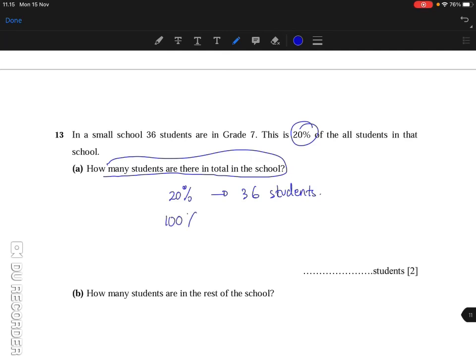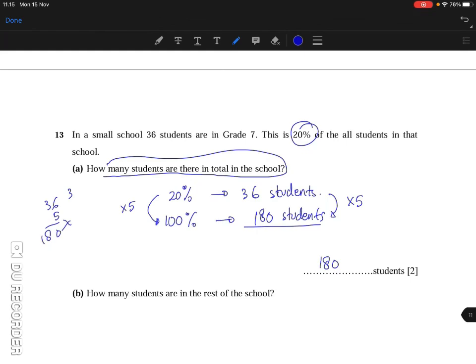To make 20 into 100%, you have to multiply it with 5. So please do the same on the right side. Multiply it also with 5, so you will have 180. So the total students in that school is going to be 180 students.